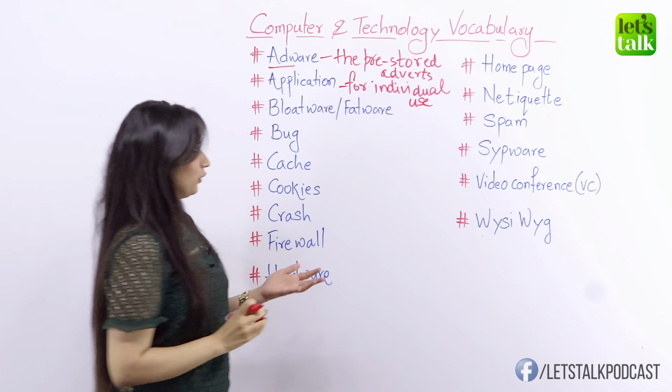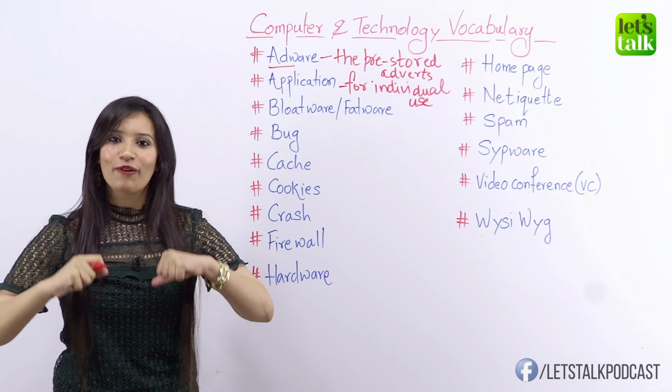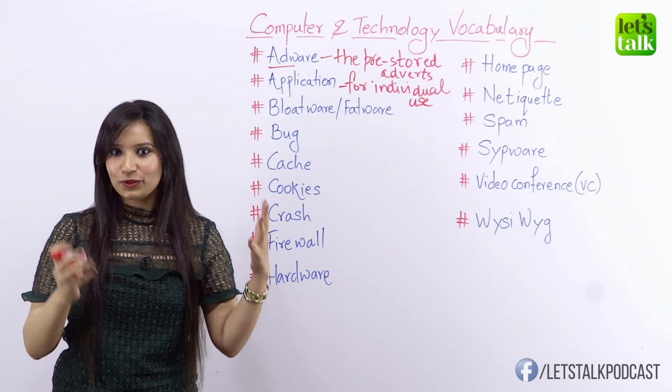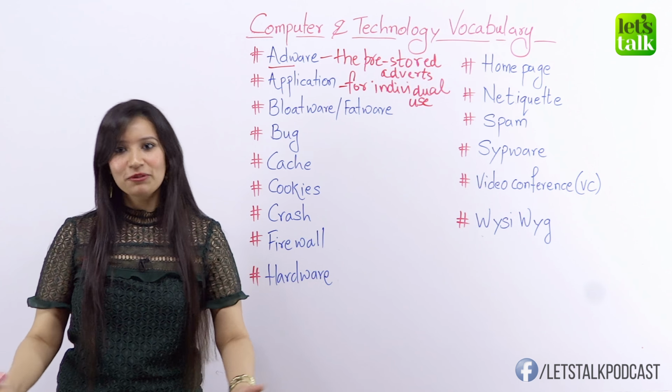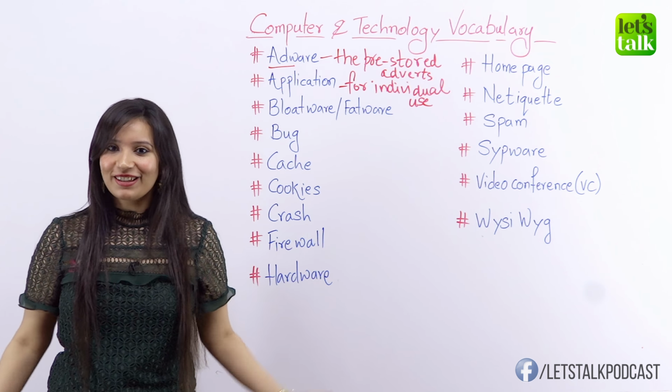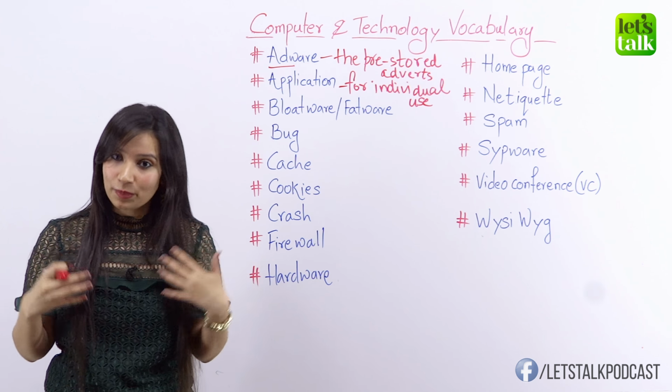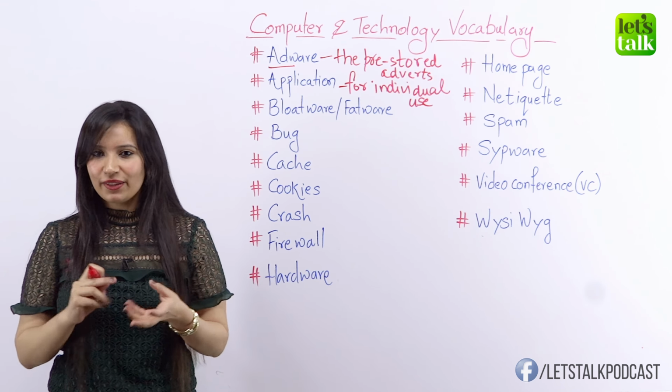Let's look at the next word, bloatware or fatware. Can you guess something from the word? Something that is fat, somebody who takes up a lot of space. The same way, bloatware or fatware takes up a lot of space on your device. They are pre-stored softwares on your device.